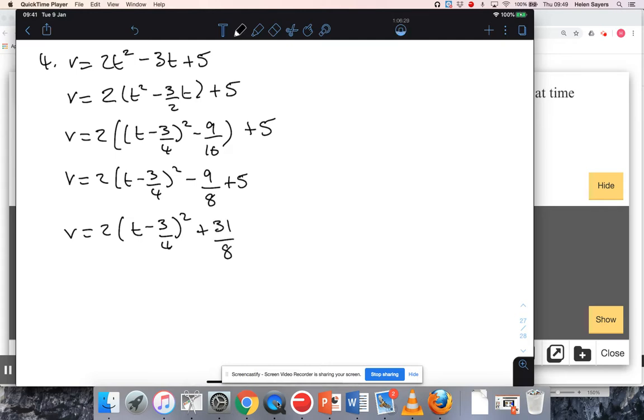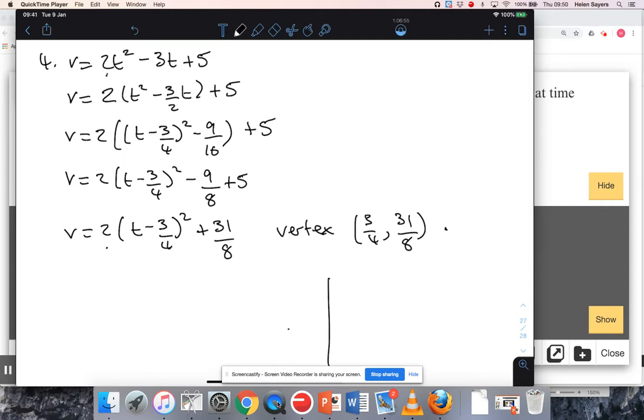Okay, so from that, I can see the vertex is at 3/4, 31/8. You could have got that from your calculator and then put it back into the completed square form, as long as you acknowledge that it was 2t squared, so you would need a coefficient of 2 there.